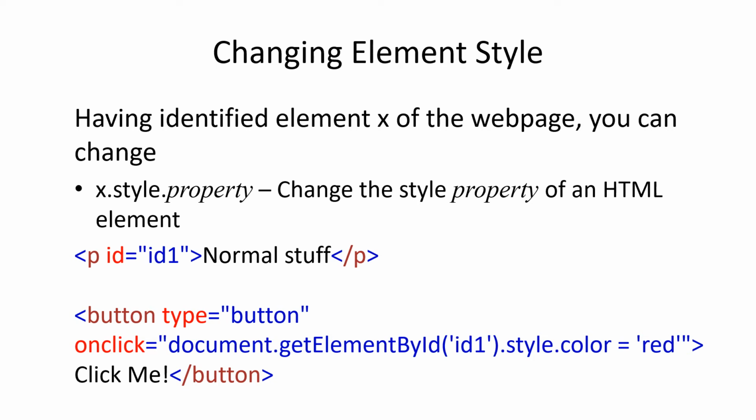When you click on it, onClick specifies a JavaScript that will be executed when you click on the button. The button, by the way, says click me. And when you click on that button, the JavaScript that we're going to execute is very simple. It's one line. On the document object, it calls getElementById for ID 1, which is the ID of the one paragraph we show here. And we change the style.color to red. And so when you click on the button, the normal colored text here will become red.